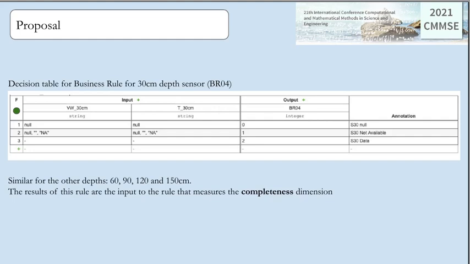The BR4 rule takes humidity and temperature as inputs, so that when the inputs are null, the result will be 0. If either of the two values is other than null or contains the empty string or the string NA, the result will be 1.